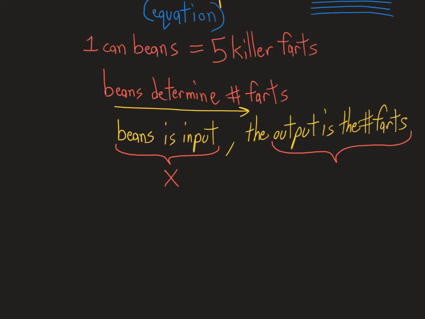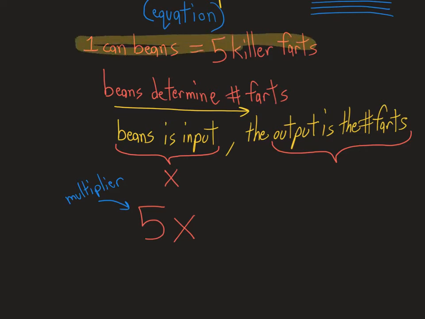So if our beans is the input and it's x, we could really think of an equation that says 5x. 5 is just that multiplier. And we need 5 in this case because we said that every can of beans produces 5 killer farts.